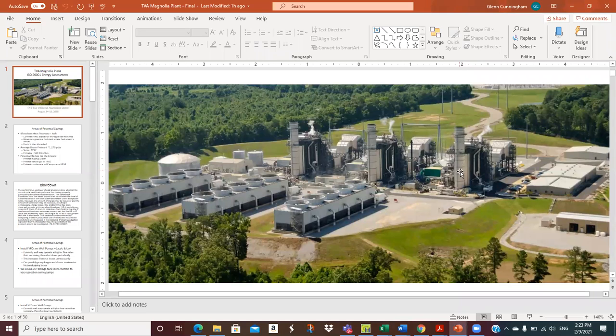Let's see. This is flash steam from blowdown. That was one thing we tried to evaluate for them. You still have to do blowdown from the Rankine cycle, keep the steam purity levels right, and that's flash steam. I forget the pressure.